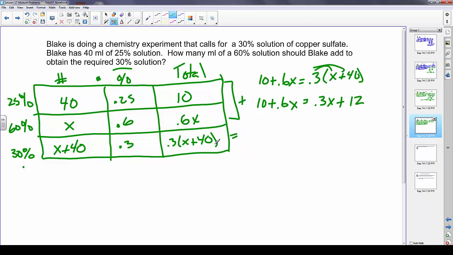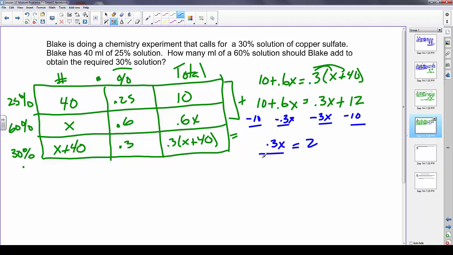So once again, I'm going to get all my variables to one side, all my constants or numbers to the other. I'm going to subtract 0.3x from both sides, and then I'm going to subtract 10 from both sides. The 10's reduce out. I'm left with 0.3x equaling 12 minus 10, which is 2.